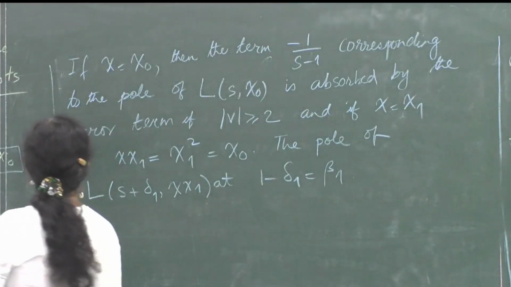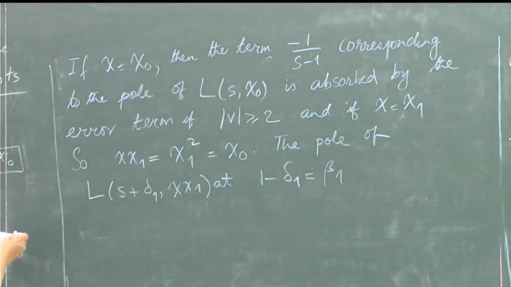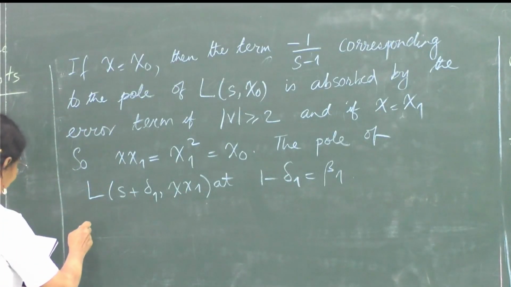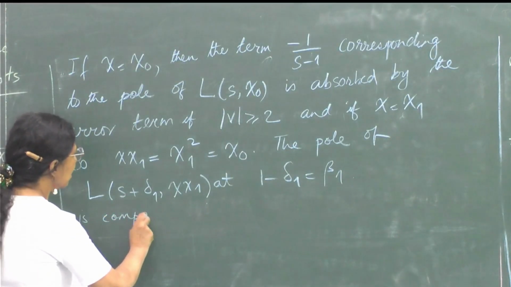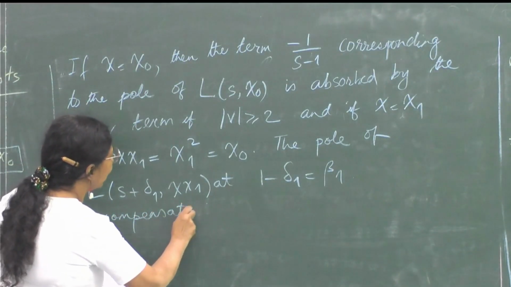What happens to it? The pole of this is compensated. What do I mean by compensated?